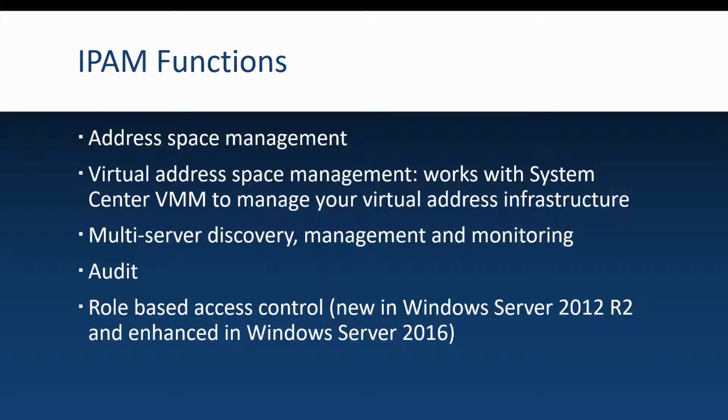The second point is sort of tied to the first one, because starting with Windows Server 2012 R2, in IPAM you can also manage all of your networks that you have in VMM. So you can connect your virtual machine management infrastructure with IPAM and manage everything from VMM in your IPAM console.